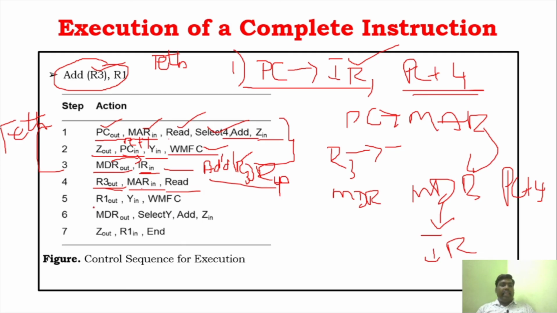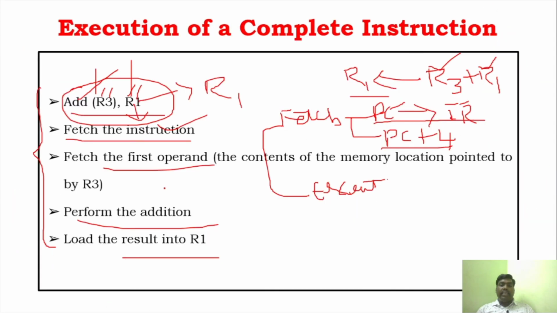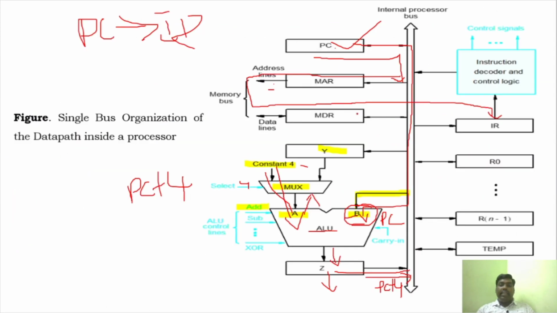Meanwhile, R1 out, there is another instruction that can be sent to the Y in. Listen very carefully. We have initiated R3 MAR in operation, and the read cycle is initiated. In parallel, R1 is sent to Y in. You can see here, the R1 content is sent to Y in.